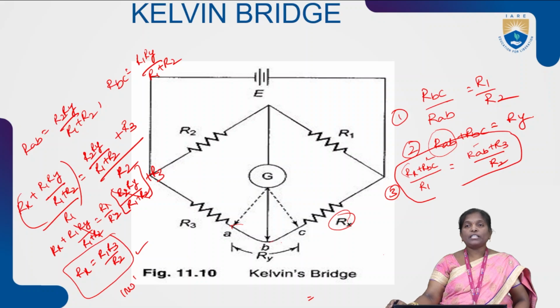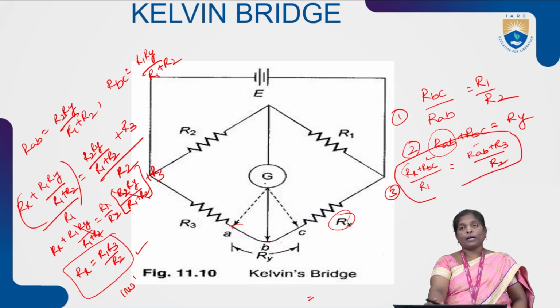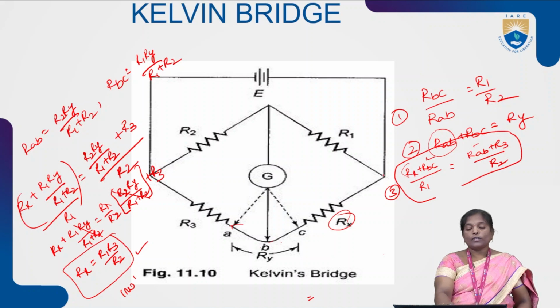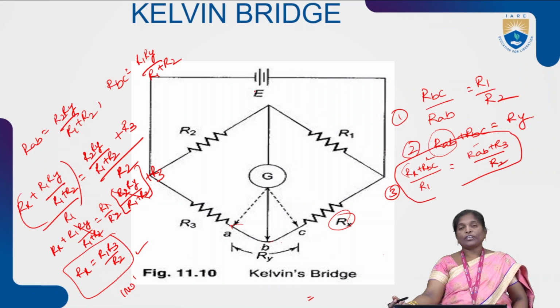In this Kelvin bridge, the unknown resistance is not directly connected to any other known resistances. Instead of that, the unknown resistance is connected to other leads. The leads of the unknown resistance are connected to another point which is indirectly connected to the galvanometer. In the construction itself, two opposite arms of the bridge are connected to a galvanometer and the remaining two opposite arms are connected to the potential.